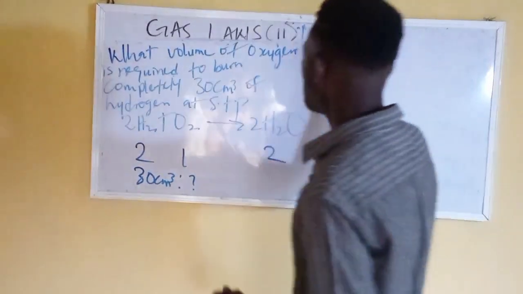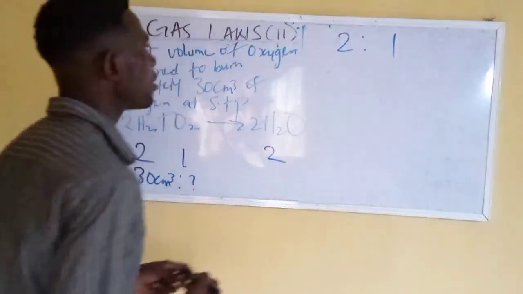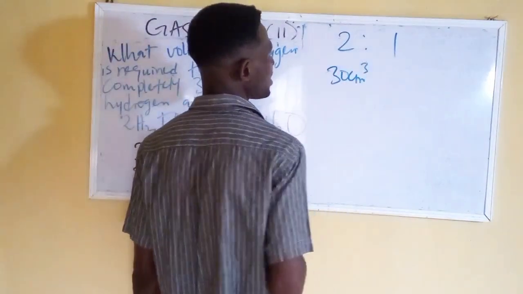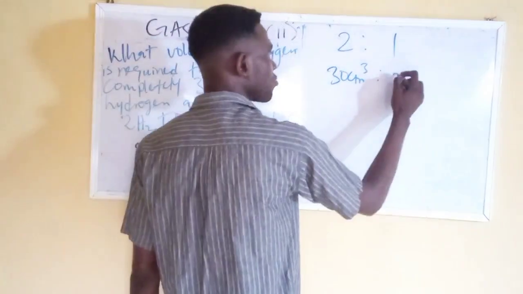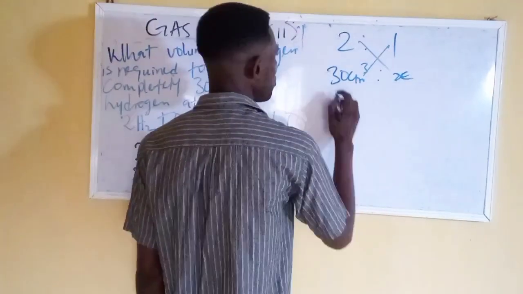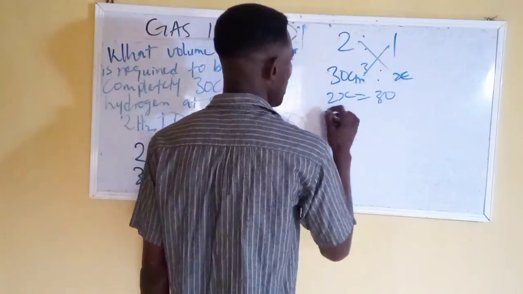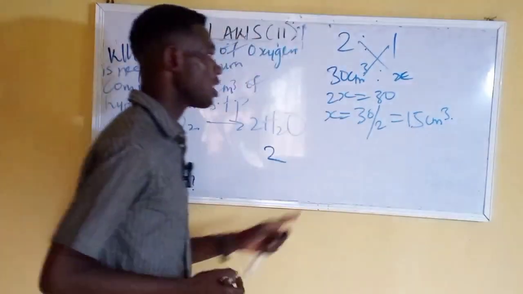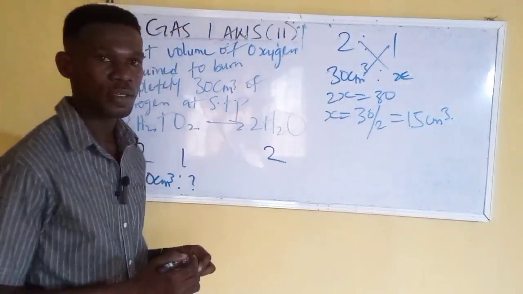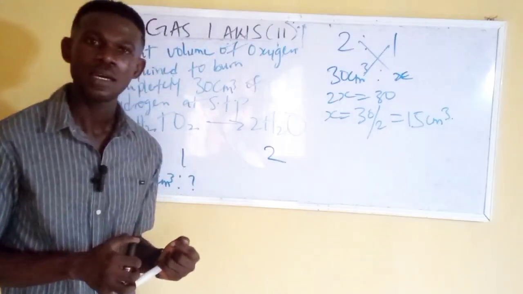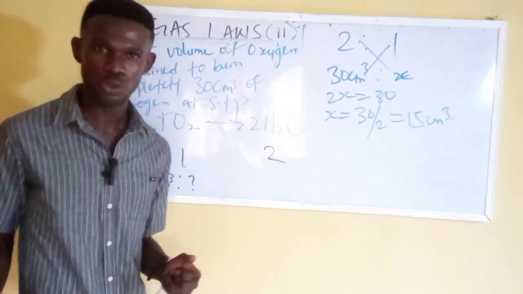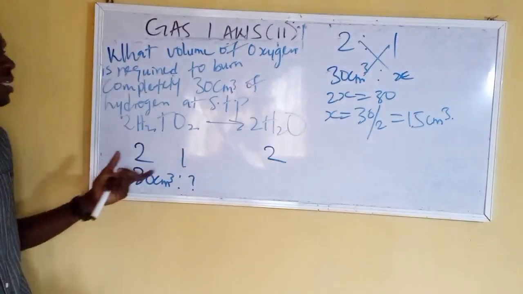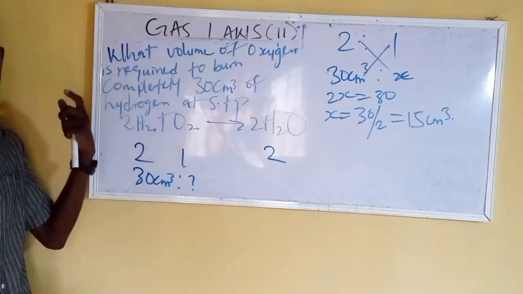So if it took 2 moles to react with 1 mole, this is also going to have the volume as 30 centimeter cube reacting with X. So cross multiply, and you have 2x is equals to 30, and x is equals to 30 divided by 2, which makes it 15 centimeter cube, which is actually ratio 1 of 30. So anytime gases combine, they combine in simple ratios, at which they combine in their normal chemical formulas. So this is how to carry out the calculations as regards Gay Lussac's law.